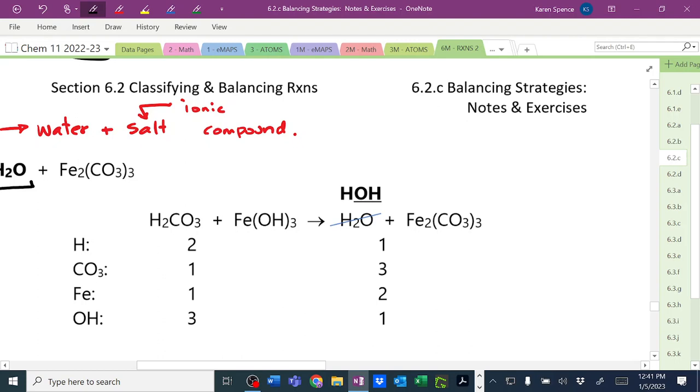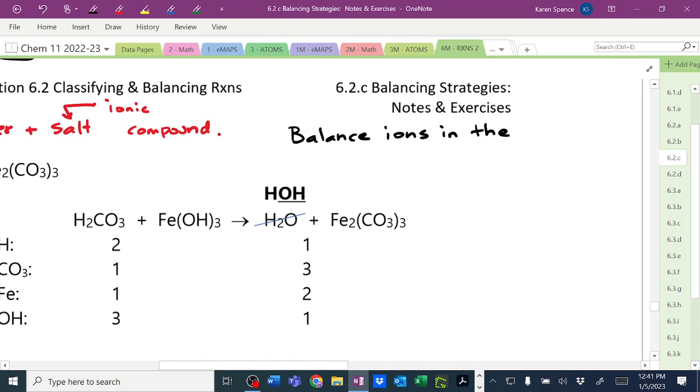Now we can apply one of the rules that we learned last day, which is to balance ions in the most complex compound first.